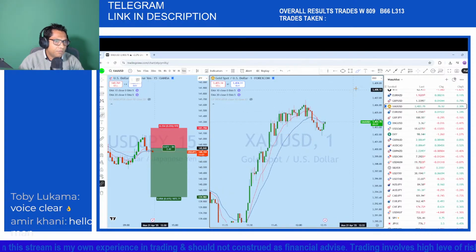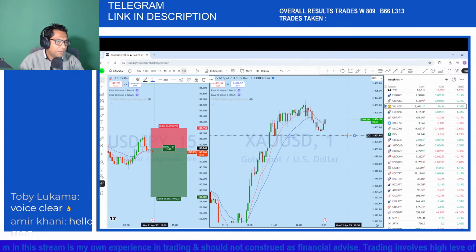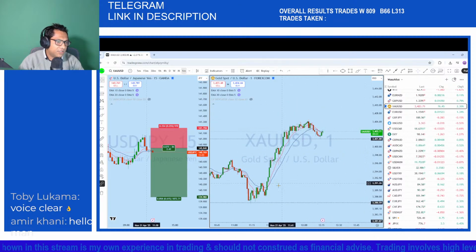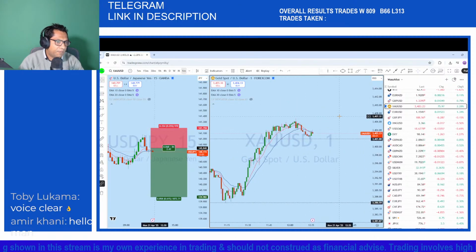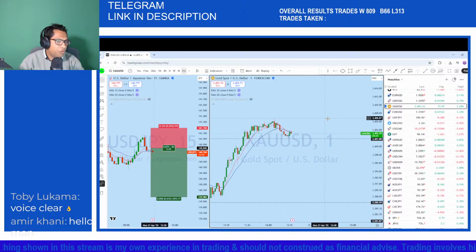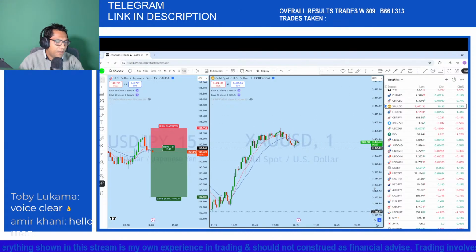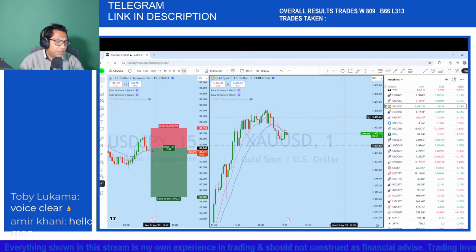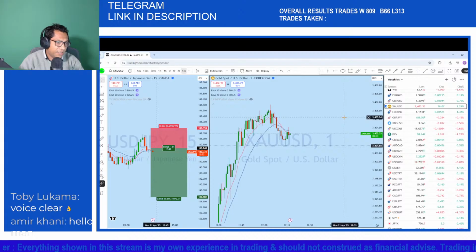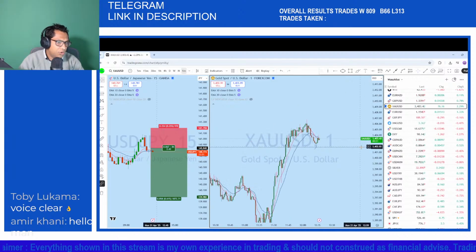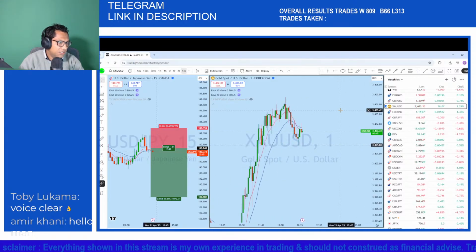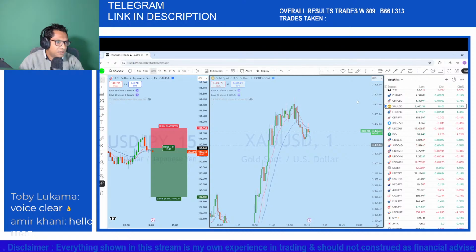This is a support level, and the market trend is up, as I mentioned. So it's in an uptrend, we can look for entry in the direction of the trend. As soon as we find that suitable entry opportunity in this market, we will be entering into the trade.